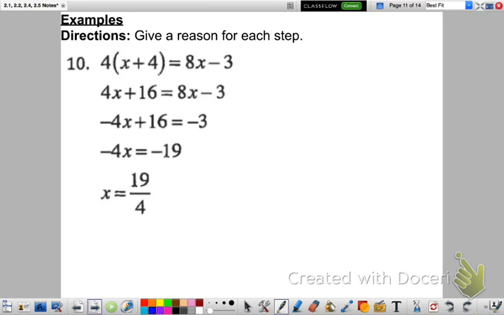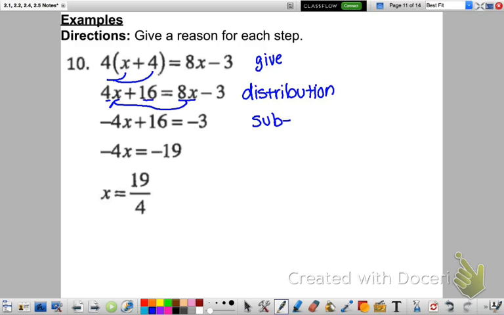Look at number 10. The very first line will always be given. Here, we distributed the 4 to get 4 and 16. So, distribution. Next, they subtracted the 8 and moved it to the other side of the equal sign to get the negative 4.